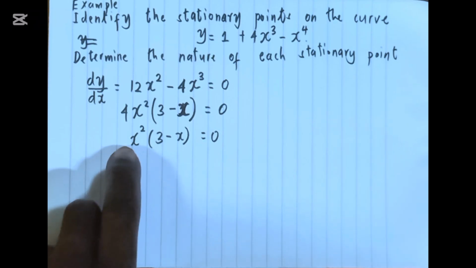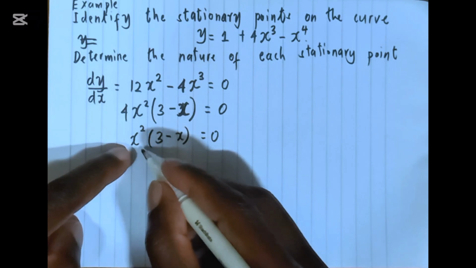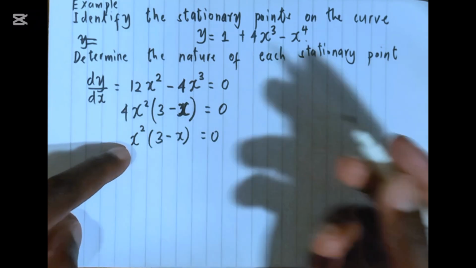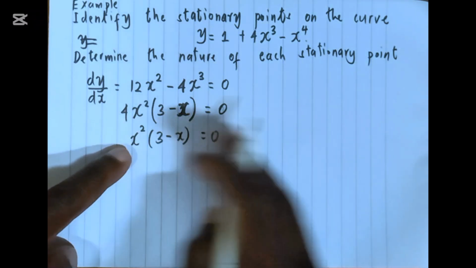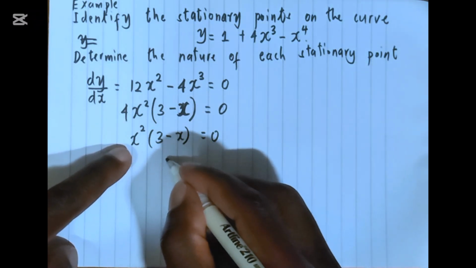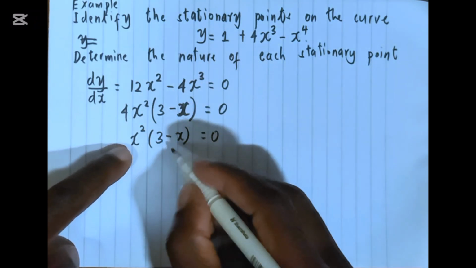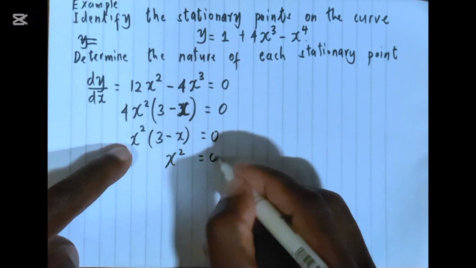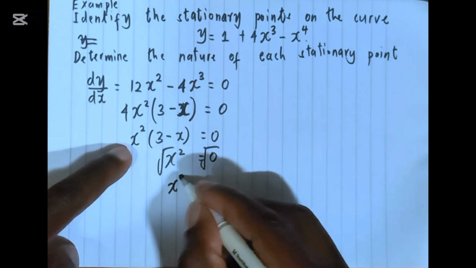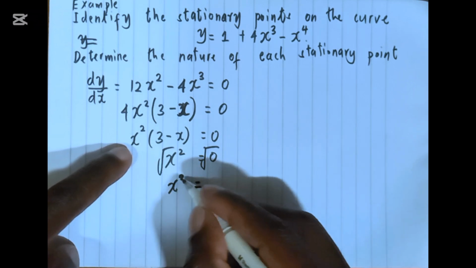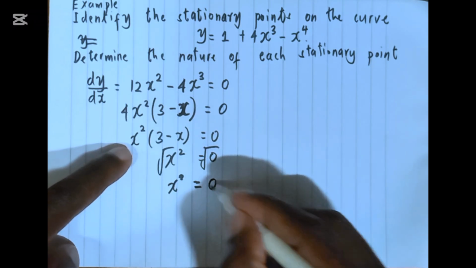All right, so basically for x1, we'll find x1 by equating x squared to 0. When we equate x squared to 0, remember the square root of x squared will be x, and the square root of 0 will be equal to 0.